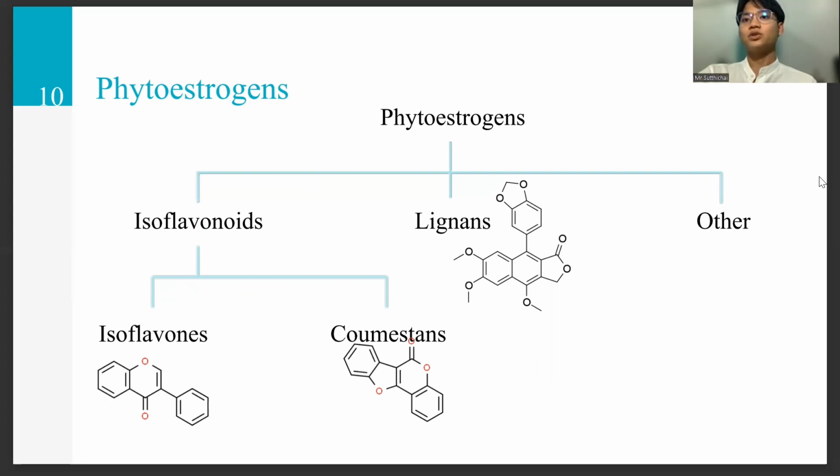Many phytoestrogens seem to have higher affinity for estrogen receptor beta than steroid estrogen, which suggests that they may exert their action through distinctly different pathways.